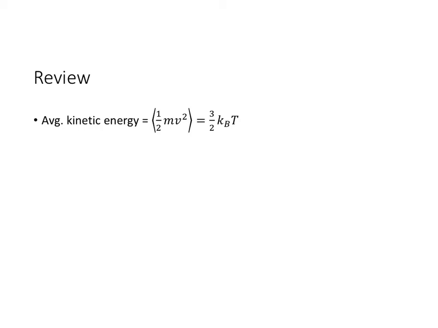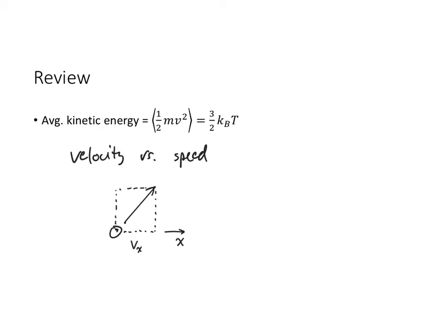Next, I'd like to review the difference between velocity and speed. And remember that the difference is if I have a little particle and it's moving in some direction, then in the x direction, it's going to have a certain velocity, and that's going to be different in general than the velocity in the y direction.